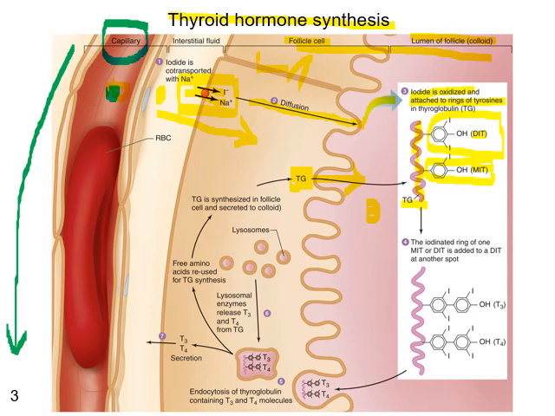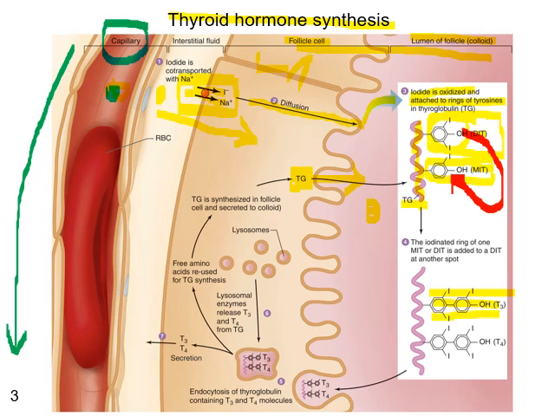There is another enzyme that translocates one of these iodinated rings onto another. So it takes one of these iodinated rings and attaches it to another, and makes what is going to become the thyroid hormone with the two ring structures.